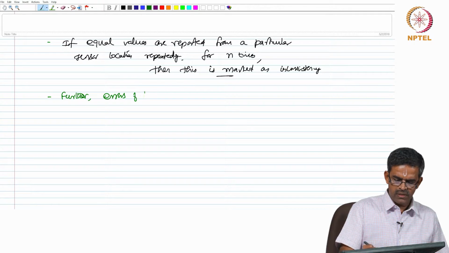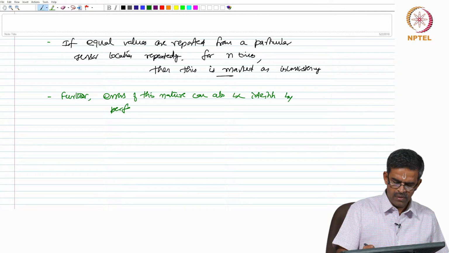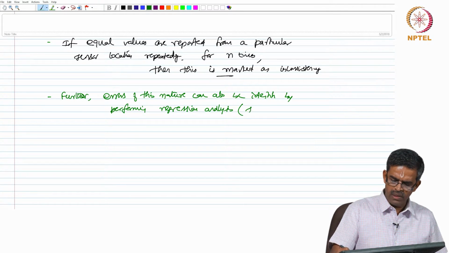Errors of this nature can also be identified by performing regression analysis, which is also done by the sensor.